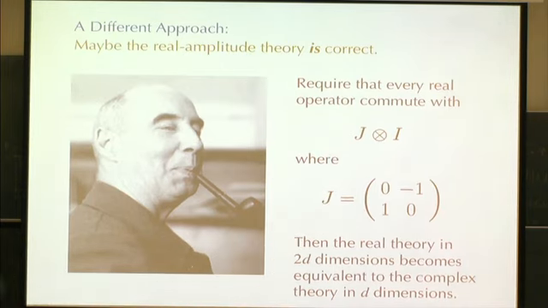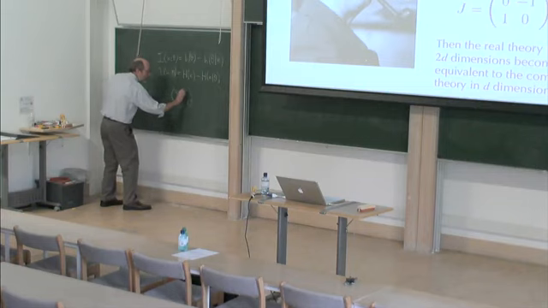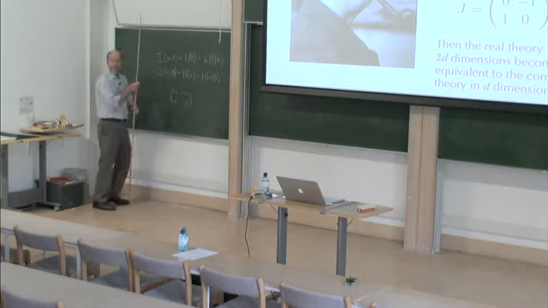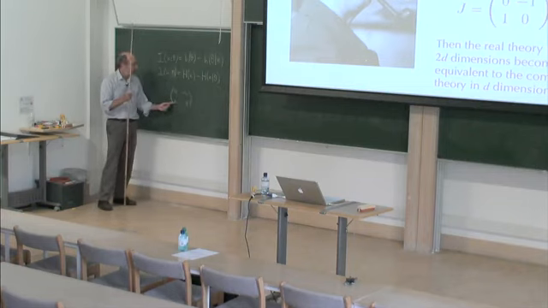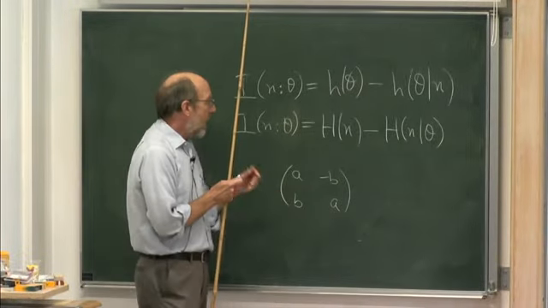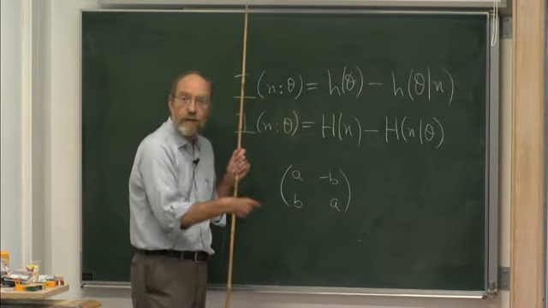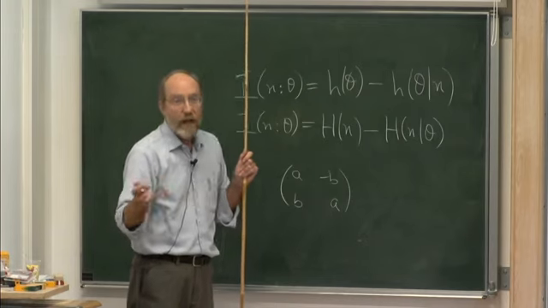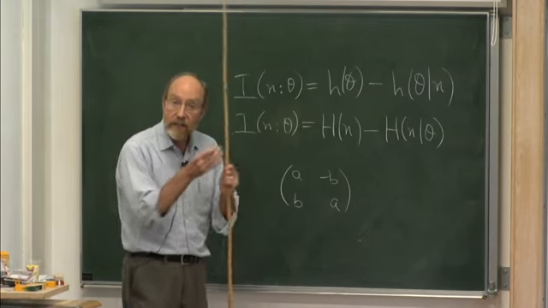Just notice that every 2 by 2 matrix that commutes with that 2 by 2 matrix is of this form. Okay, A's down the diagonal, B here, and minus B there. And if you just take matrices of that form and multiply them together, it's as if you're multiplying complex numbers together.